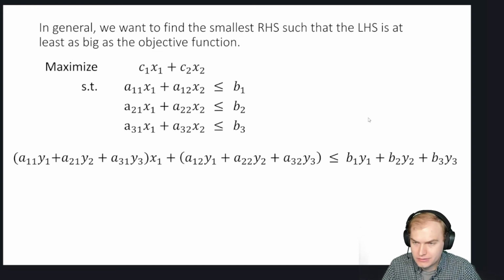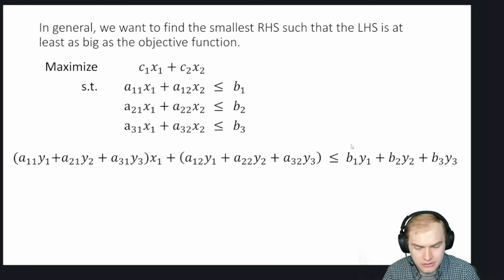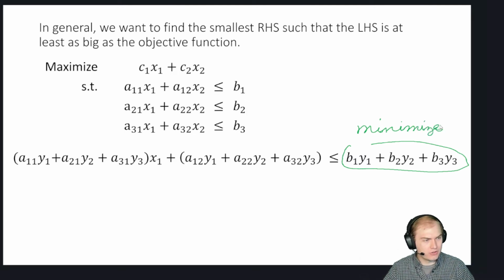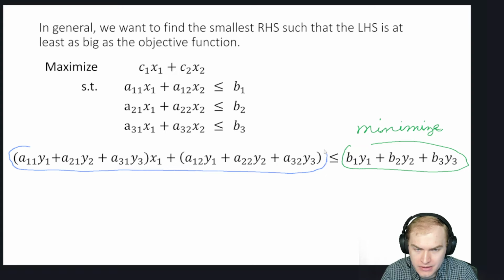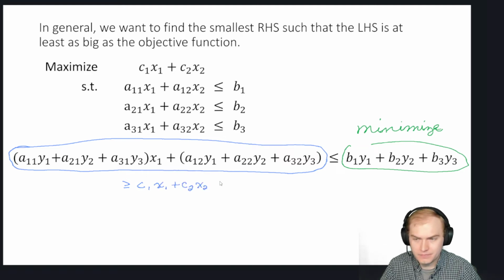Well, we want our right-hand side, we want to minimize the right-hand side. So that becomes our new objective function, while keeping the left-hand side greater than or equal to c1x1 plus c2x2.